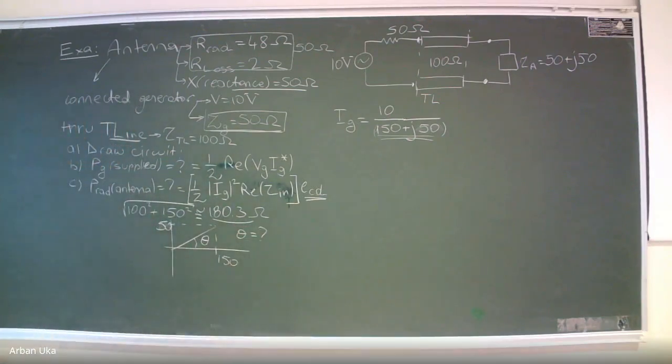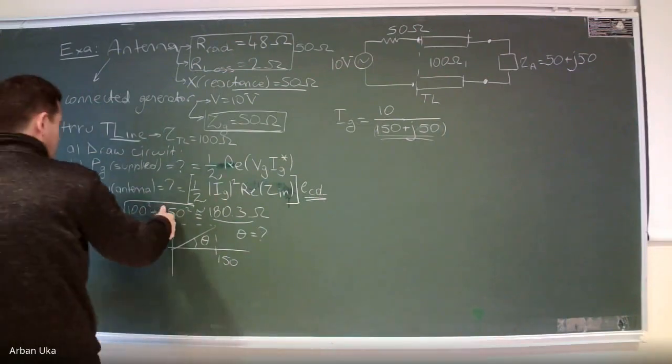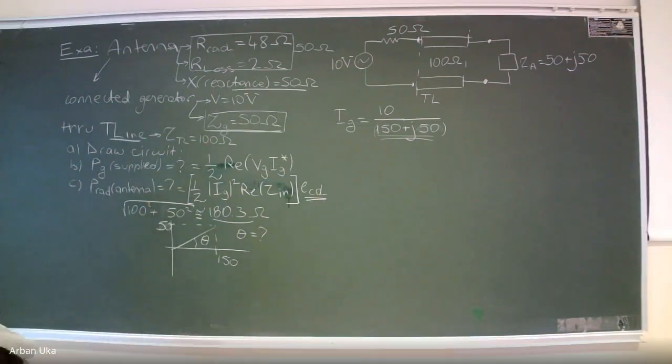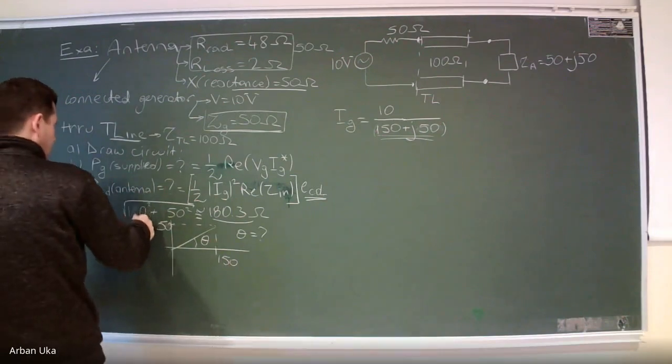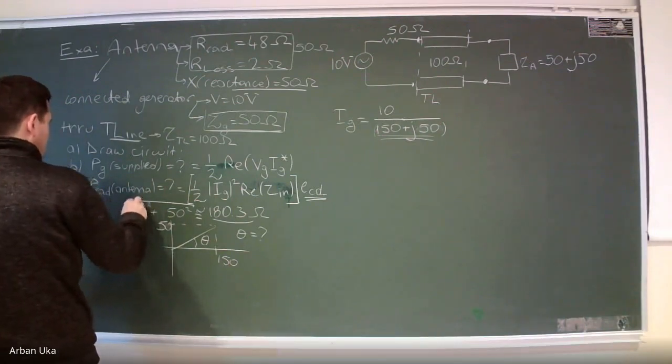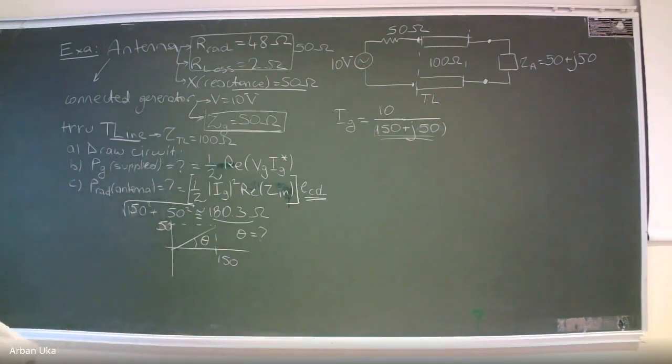So we need to identify this angle theta, assuming that the resistance is 150 and the reactance is 50 squared.